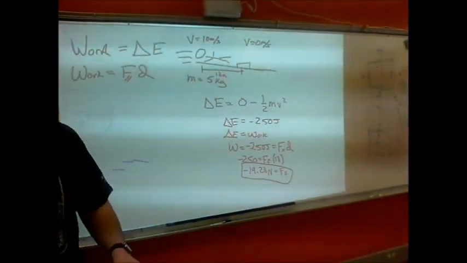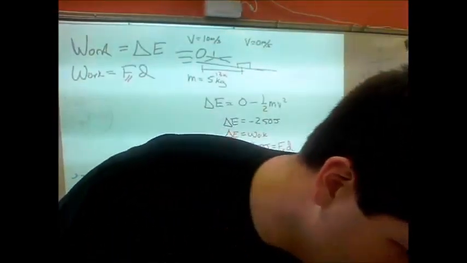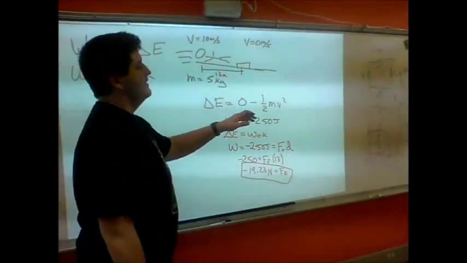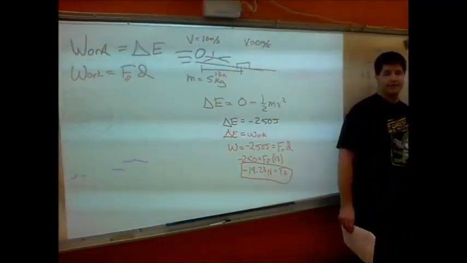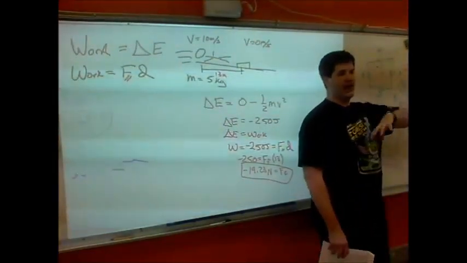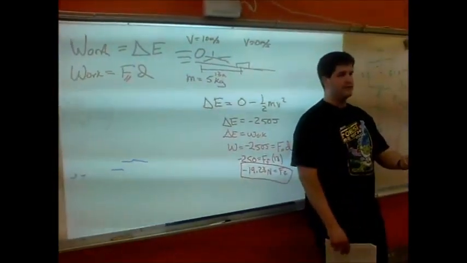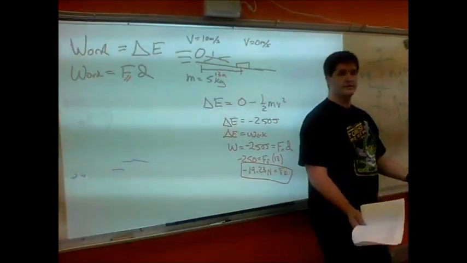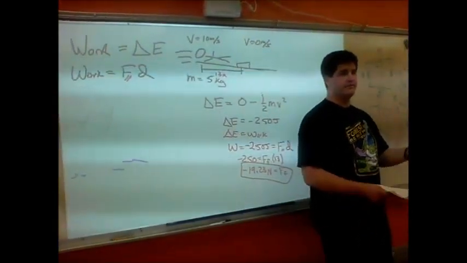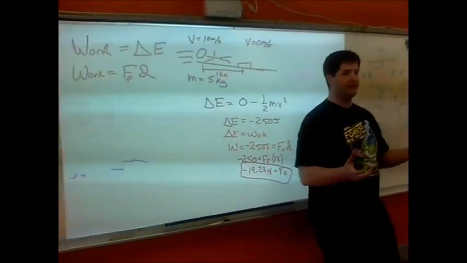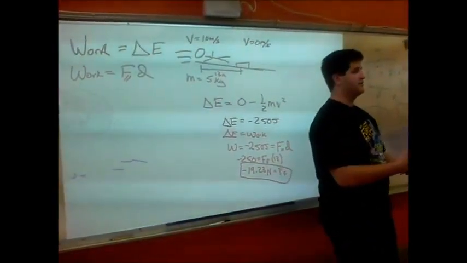Back to the objectives. We were just talking about how if you do not include the Earth in your system, then gravity is viewed as an external force, and therefore energy is not conserved. So that's why we always include the Earth in our system, because then gravity will be an internal force, and energy will be conserved.